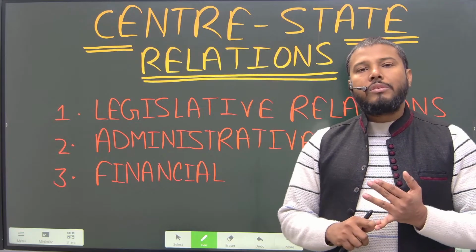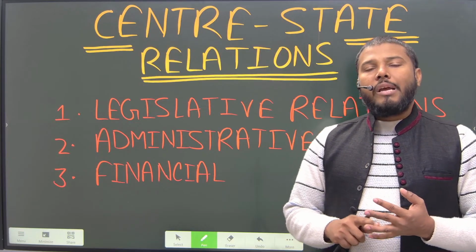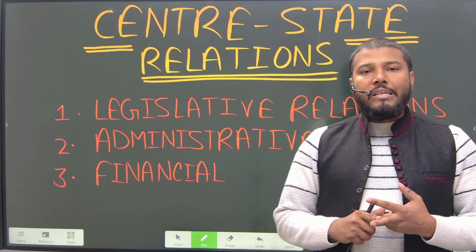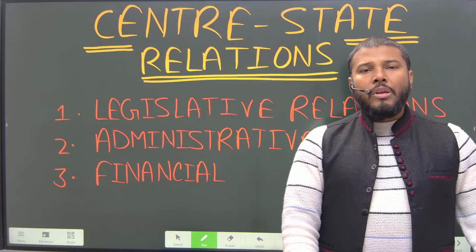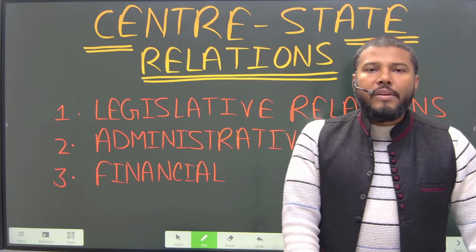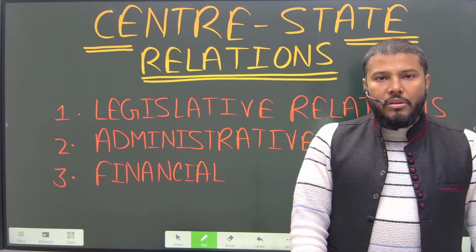The first one was the legislative relationship. The second one was the administrative relationship. And the third and last one was the financial relationship, right? Which kind of relationship the center and state governments share as far as legislation or law making is concerned.